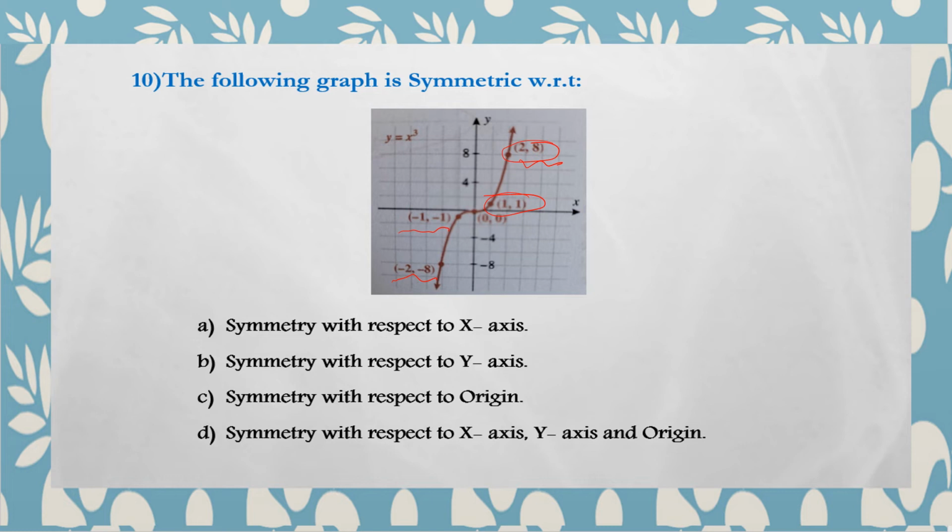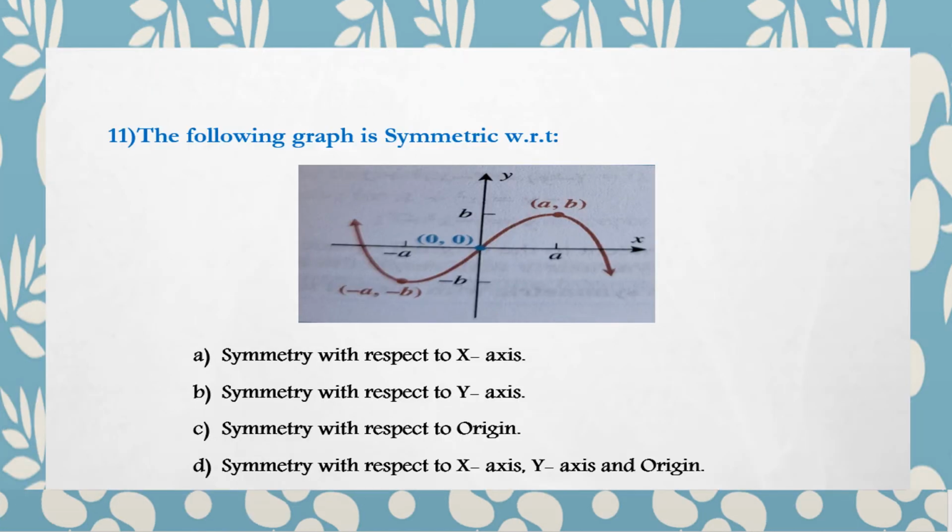So each value of x has the opposite value on the other side of the graph. For 2 we have minus 2. For 1 we have minus 1. And each value of y, which is 8, has the opposite value on the other side of the graph, which is negative 8. For 1, we have negative 1. So this means that the graph is symmetric with respect to the origin. And the correct answer is C.